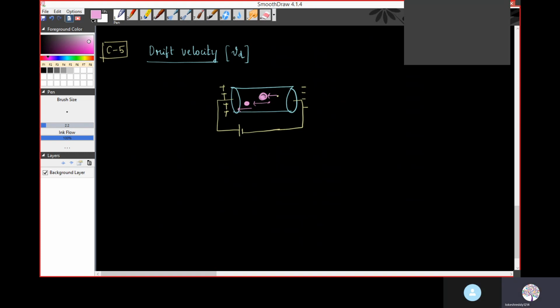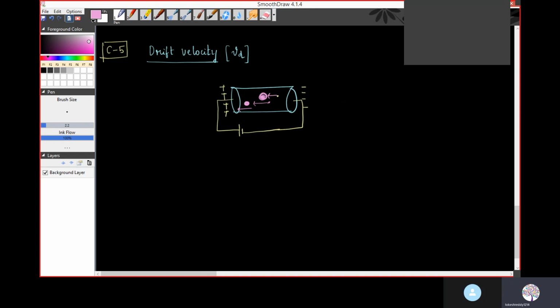The average velocity with which it travels we call the drift velocity. The average uniform velocity acquired by the free electron inside the metal by the application of an electric field is called drift velocity. It is very small, about 10 power minus 4 meter per second.